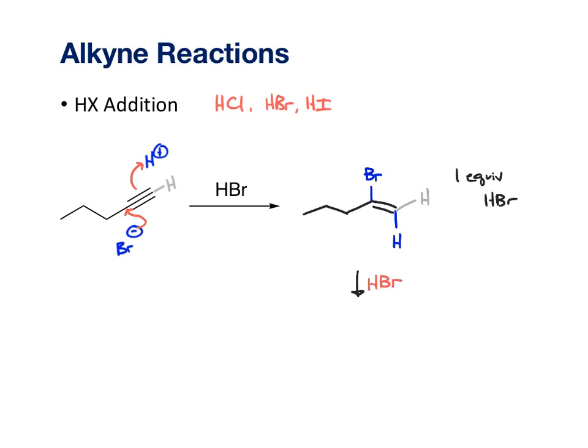The hydrogen would go to the side where there's more hydrogen. We go from the double bond to the single bond. Here's the new hydrogen and the new Br.